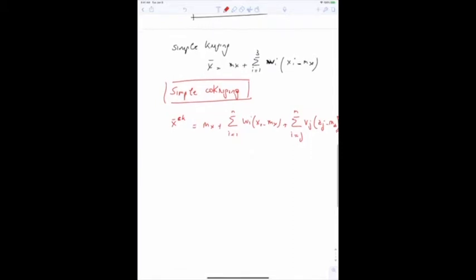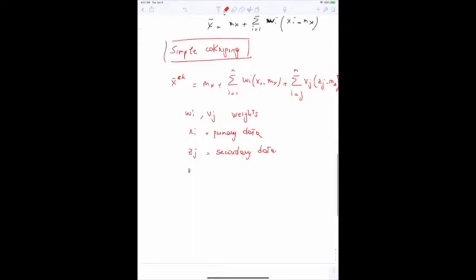So now I'm going to clarify what these terms are. wi and vj are the weights. xi are the measurements of the primary variable, so the primary data. zj are the secondary data, or the secondary variable measurements. mx is the mean of the primary data, and mz is the mean of the secondary data.